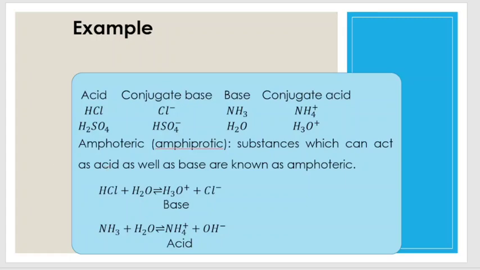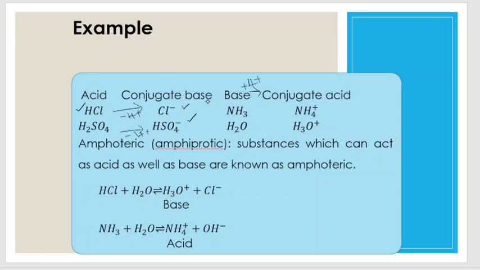For example, for the acid HCl, what is its conjugate base? If they ask for the conjugate base, you simply remove H plus. The conjugate base of H2SO4, remove H plus, you get HSO4 minus. Similarly, for a base, in order to get the conjugate acid, add H plus.